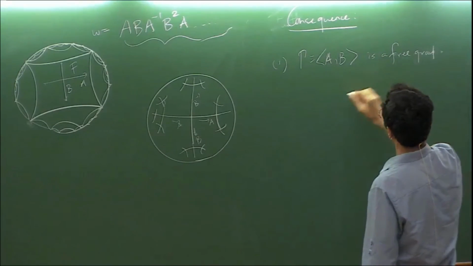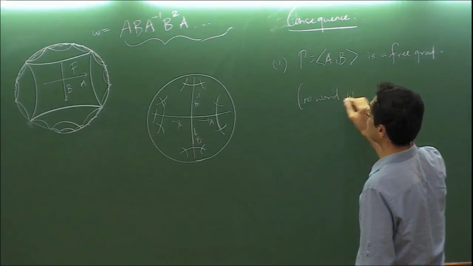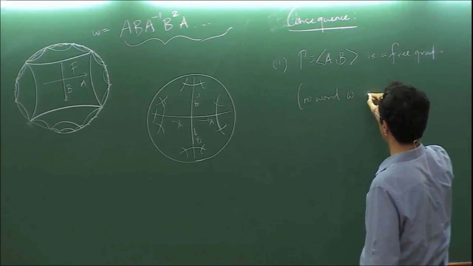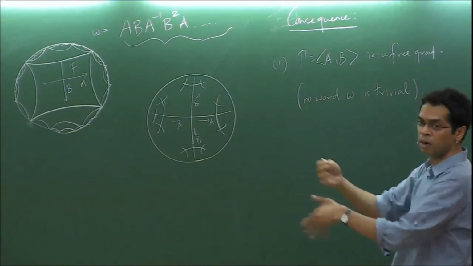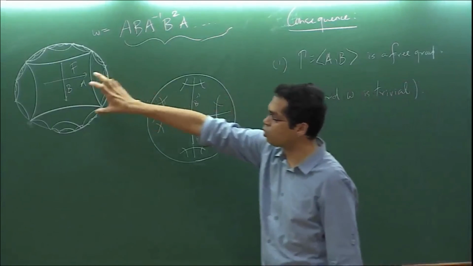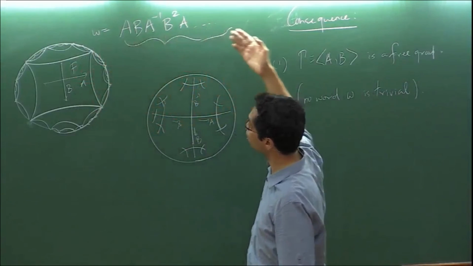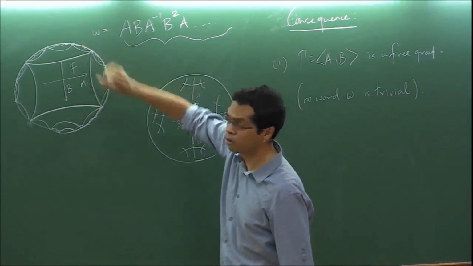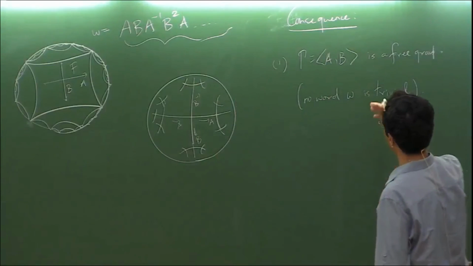Because no word W, which looks like this, is trivial. If something is not a free group, then there'll be a relation, so it would have acted trivially on this picture. It wouldn't have moved F at all. But here you see that no matter what word you take, you go to a different tile. So this can't have relations. So it's a free group.